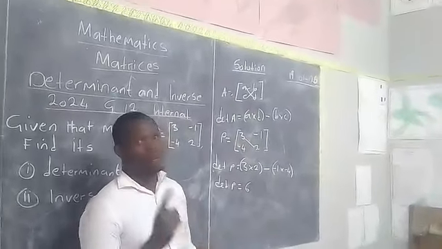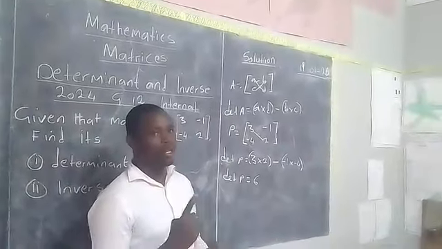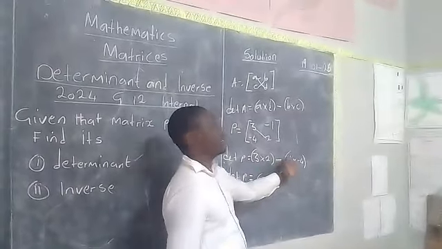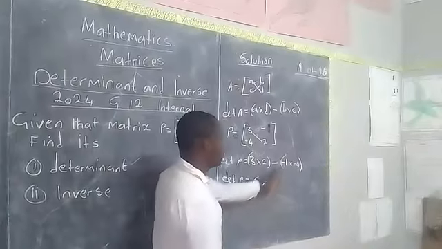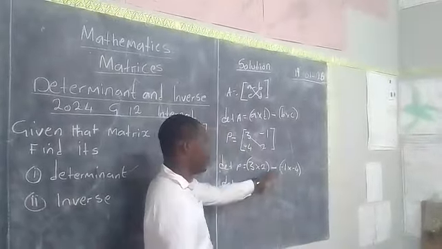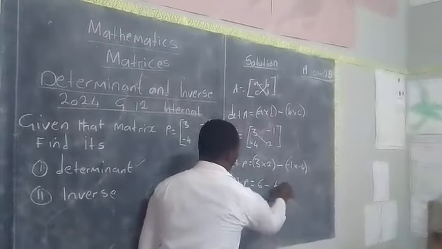I repeat, if you multiply two similar signs, you're going to get positive. So negative 1 times negative 4 gives positive 4. Don't forget the minus here, so it will be minus positive 4.